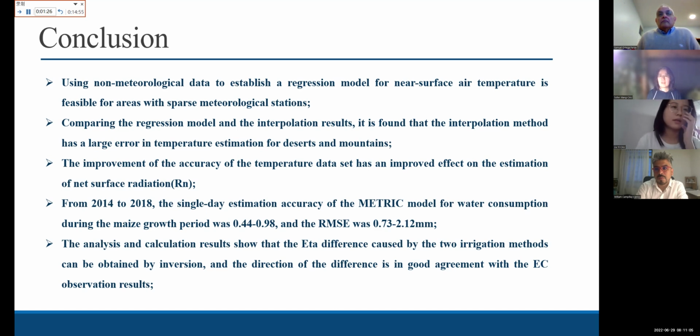This part of the work provides effective support for satellite remote sensing to obtain farmland differences and lays a solid foundation for the research. That's all.